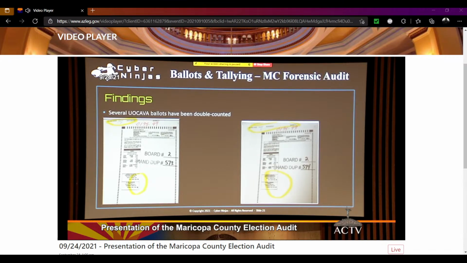But on the left-hand picture, you can actually see that it's board number 2, hand dupe 573 is what approved it. On the right-hand side, it's hand dupe 574, and it's probably too small for you to read, but if you read the serial number circled on the top left, you'll notice that the timestamp and the serial numbers are exactly the same, which means that someone likely printed out the UOCAVA ballot twice, and both of them made it into these counts.